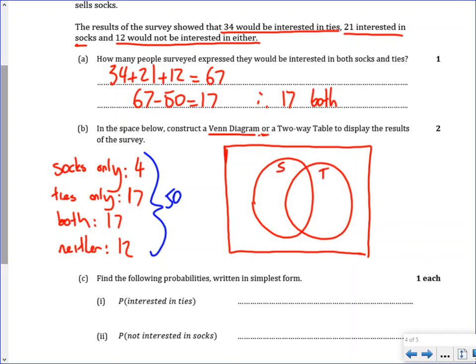So the people that like socks only, that's 4, 17 in there, 17 in there, and 12 in there. So what we're saying here is in the overlap, that's the both, so that's 17. These are the people that like ties only, these are the people that like socks only, and this is our neither sitting out there. At no point did the neither number change, by the way. They've never been interested in any of them.